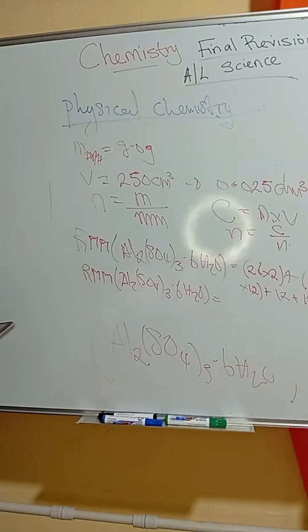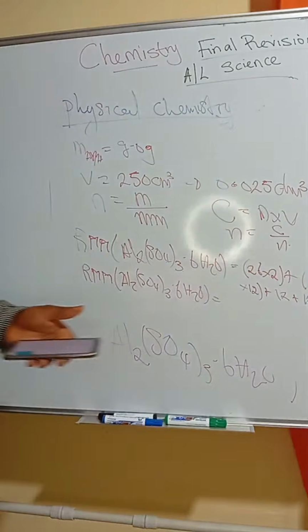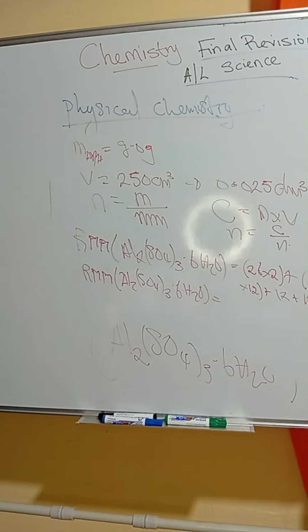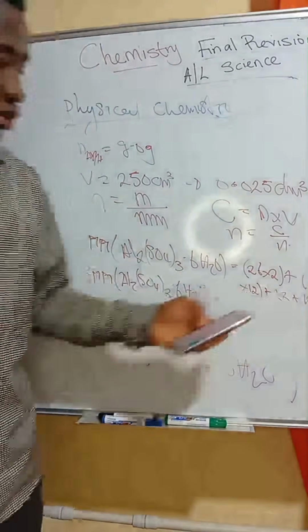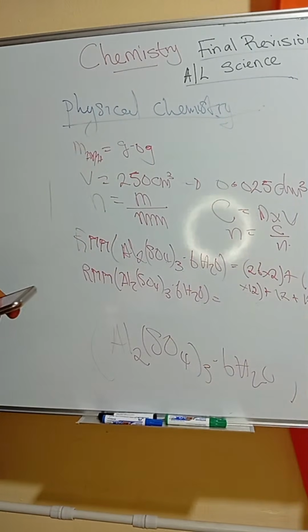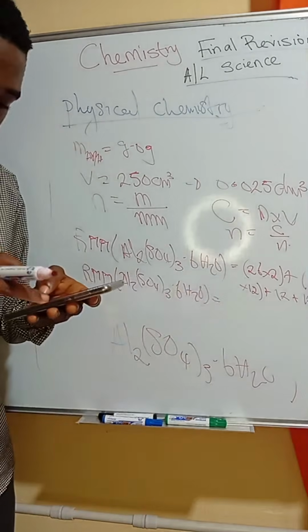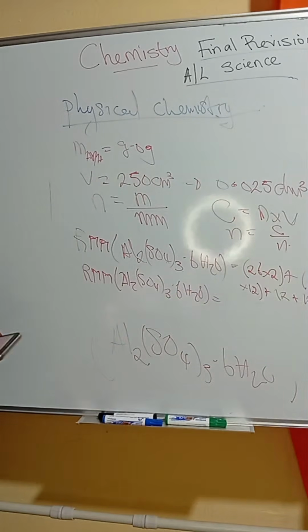So I'm continuing with my brain. 16 times 12 gives us 192. 192 plus 148 will give us 340. 340 plus 12 plus 16, that's plus 28, which gives us 368.